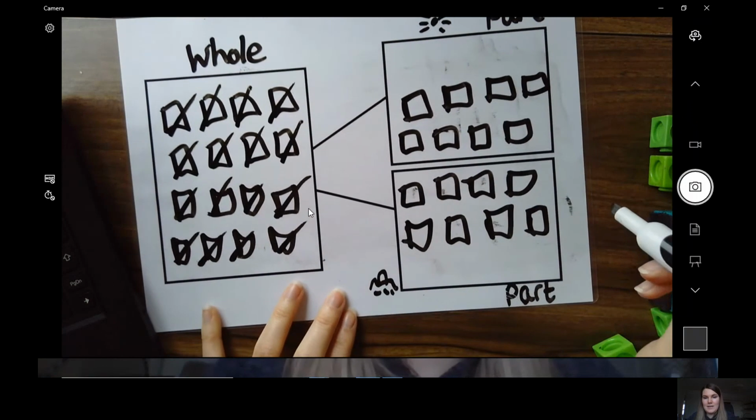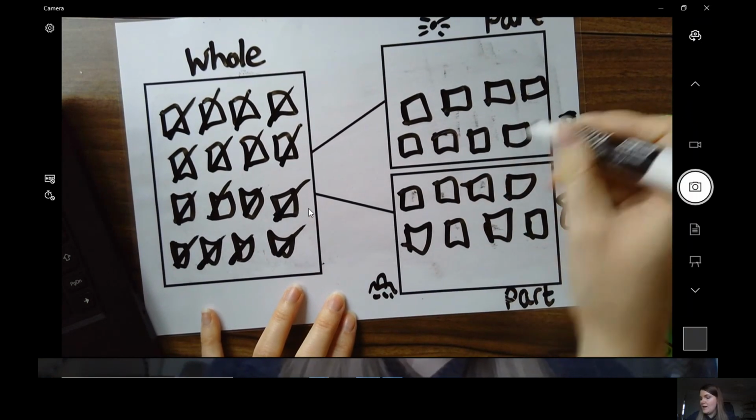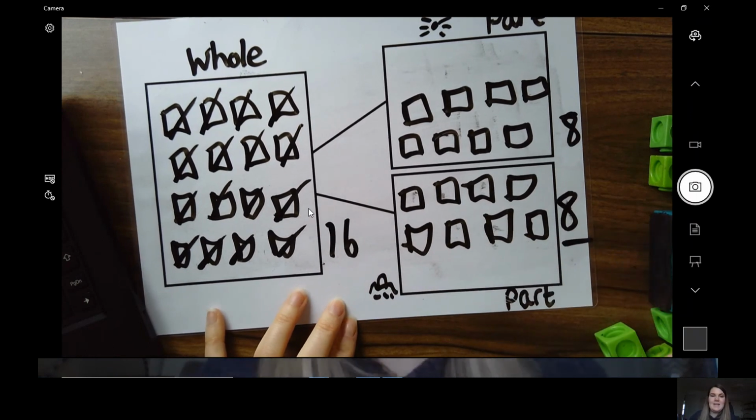Well done. So how many are in each part? 8. Well done. Half of 16 is 8.